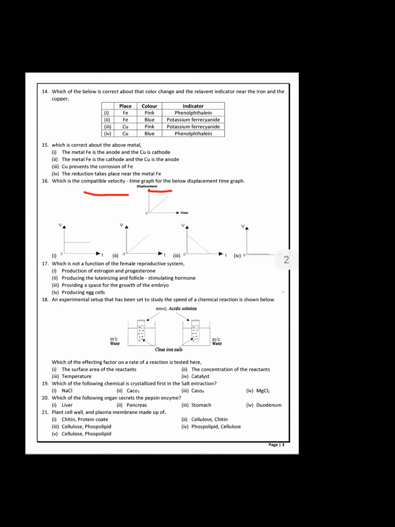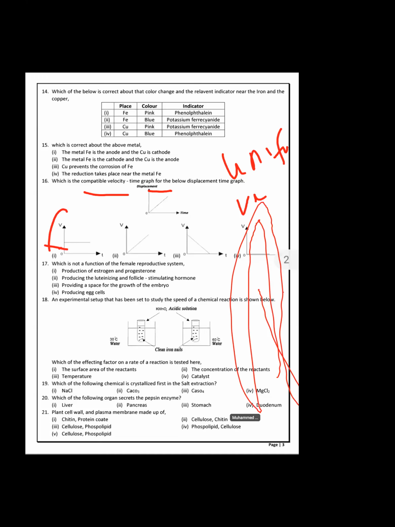The first one, uniform velocity. Uniform velocities look like this. Which is the compatible velocity graph for the below displacement time graph?